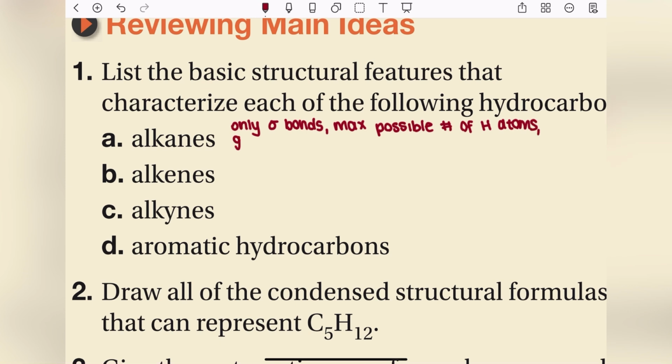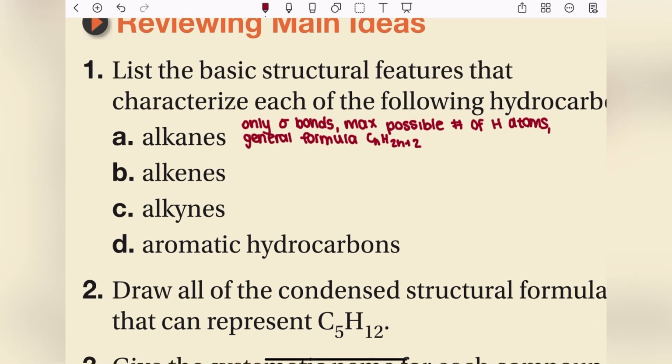Another thing that I want to write down for every type of hydrocarbon is the general formula for each of them. So the general formula for alkanes will be CnH2n plus 2. Now alkenes, they must have at least one double bond, so at least one pi bond.